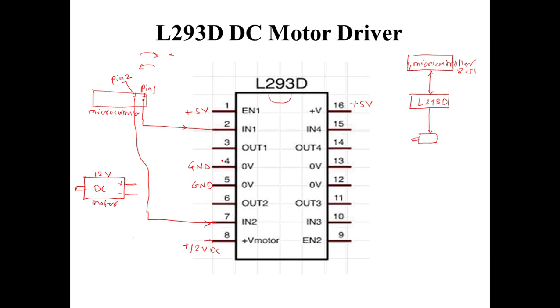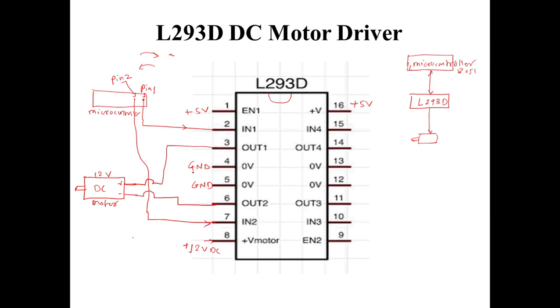Now obviously I have to give the output of this L293D to the motor. So I will be getting the output from pin number 3, and one connection I will give to one terminal of the DC motor, and the other terminal of this motor will be connected to the second output over here.